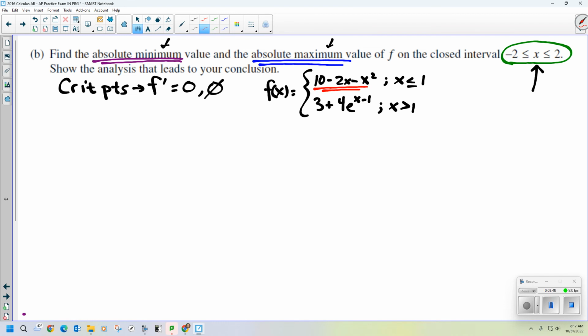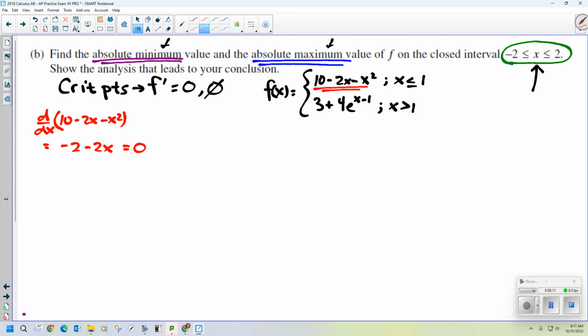All right, the derivative of 10 minus 2x minus x squared is -2 minus 2x. That will never be undefined. There's no value of x that makes that undefined.